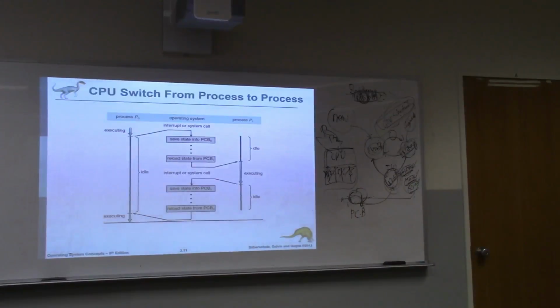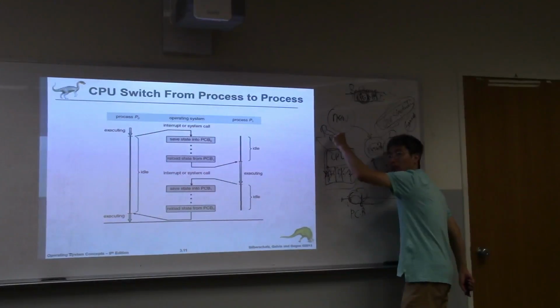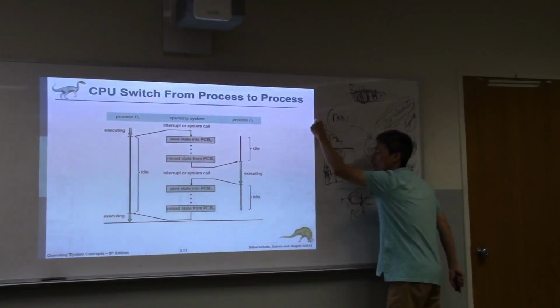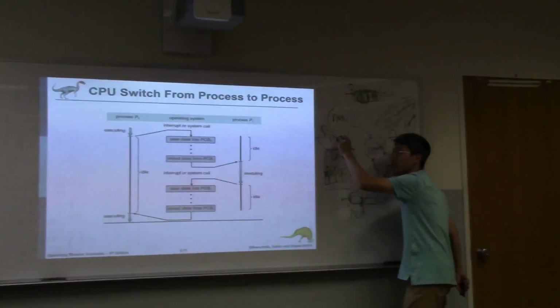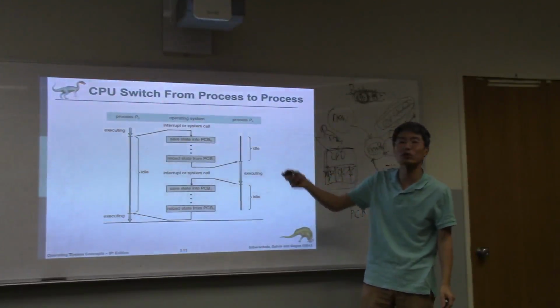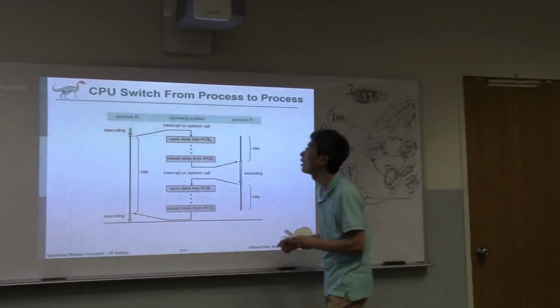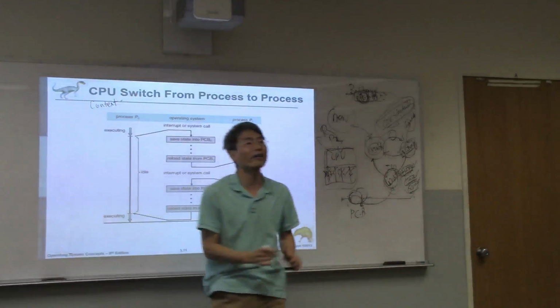Then how can we use such a PCB? It can be used for the process. Process 1 moves up, then the process will take over the CPU. This is called a context switch, or CPU switch.